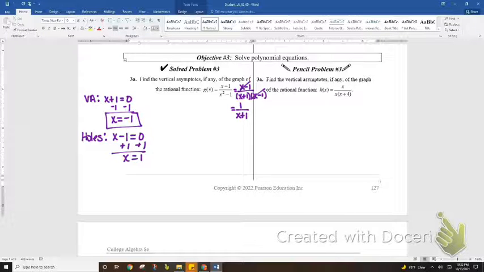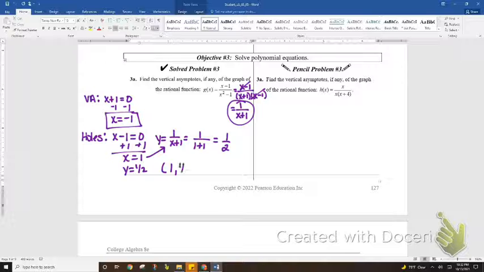So if we know that x is 1, we found over here that our y is equal to 1 over x plus 1. So we're going to take that 1 and plug it in. So 1 over 1 plus 1, which is 1 over 2. So we know our x is 1, our y we said is 1/2, and so our hole is going to be at 1 comma 1/2.